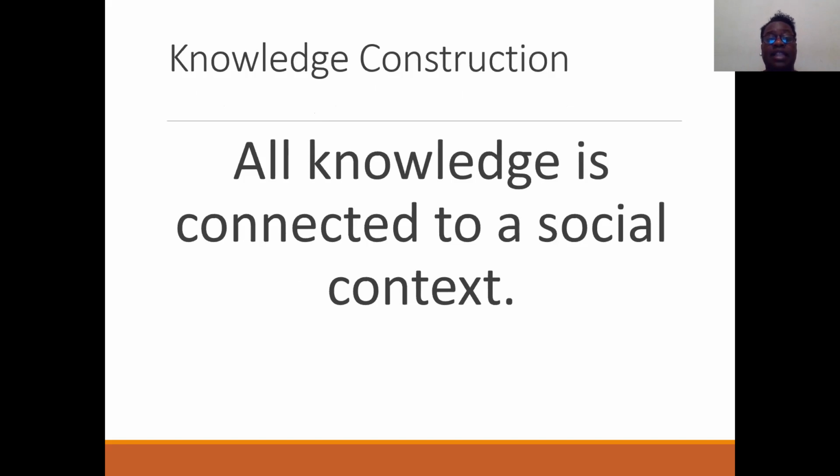They would posit that all knowledge is connected to a social context, okay? Meaning that knowledge is socially constructed and it's reflected in the values of the person or the group of people who produce it.